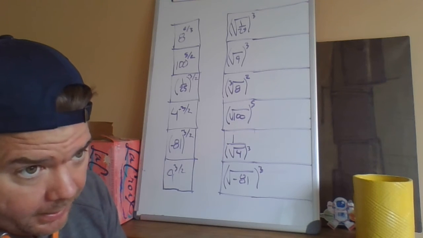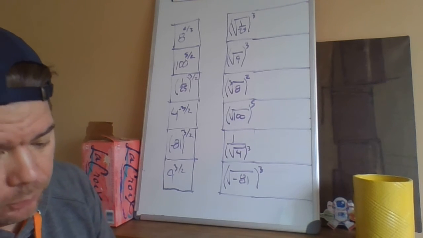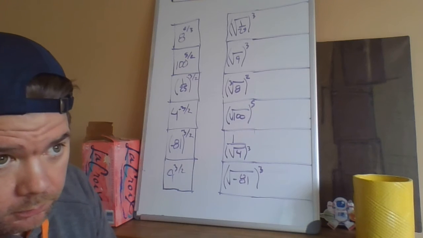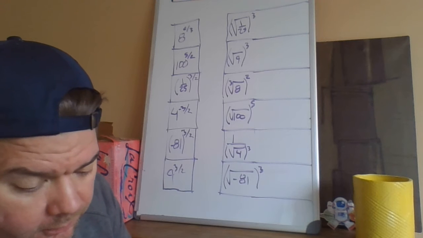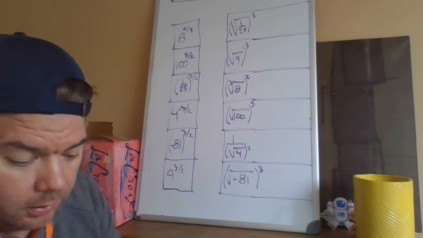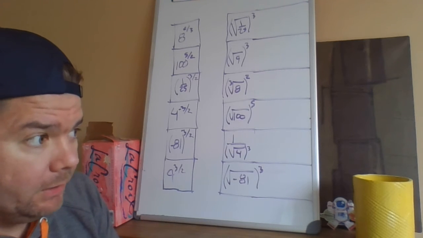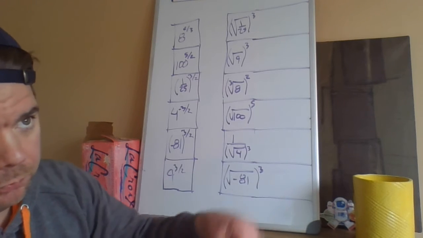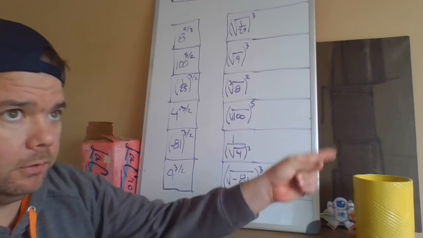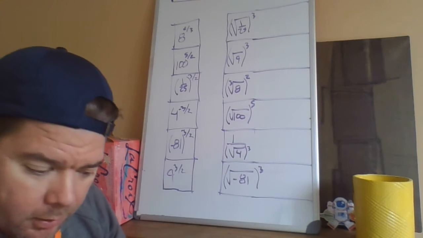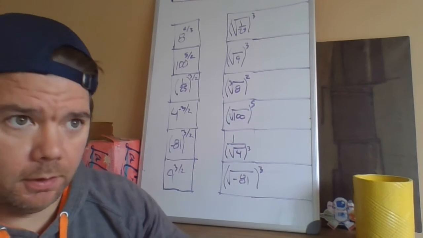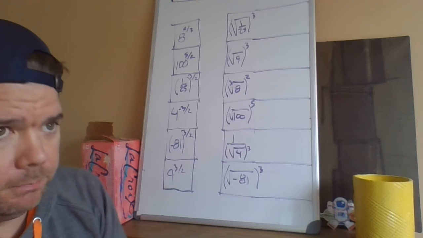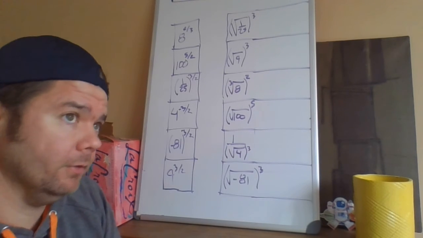The fourth root of that: what times itself 4 times gives me 4,096? Well, guess what? It's the same as what we got the first time. It's 8. So it doesn't matter if you do the root first and then the exponent, or the exponent first and then the root, you will get the same thing. However, some ways are easier than others, so sometimes it makes more sense to do one versus the other.